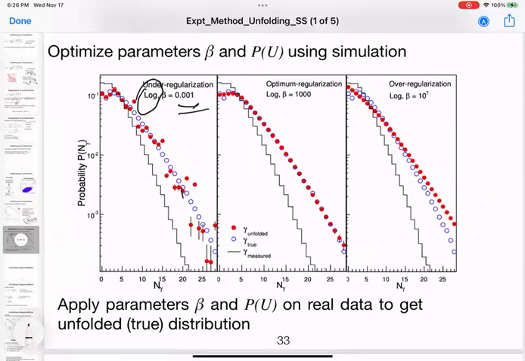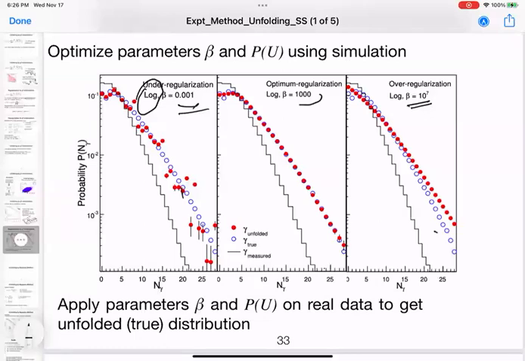If we use a very large value of beta, about 10 to the power 7, one can see the unfolded result is somewhat different here, right? So this blue is the true, the red is the unfolded. But somewhere around beta equal to 1000, we can very clearly reproduce our result.